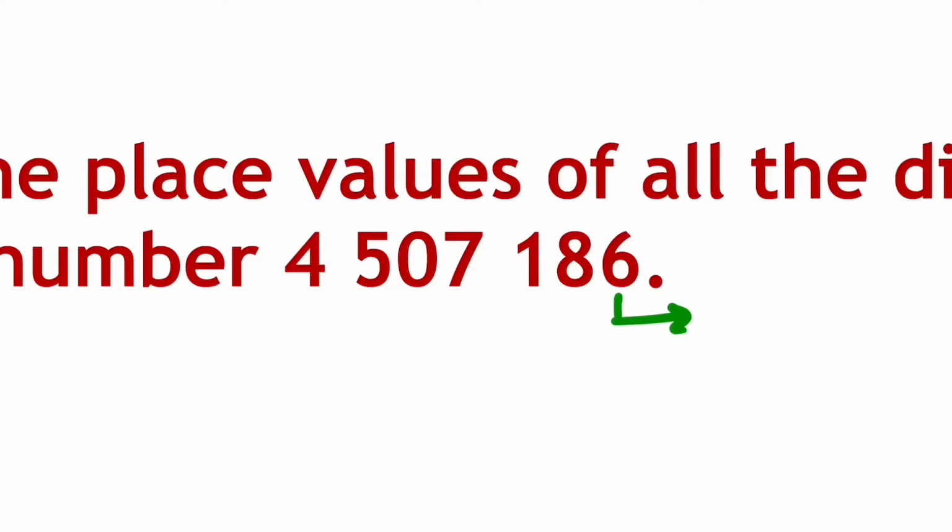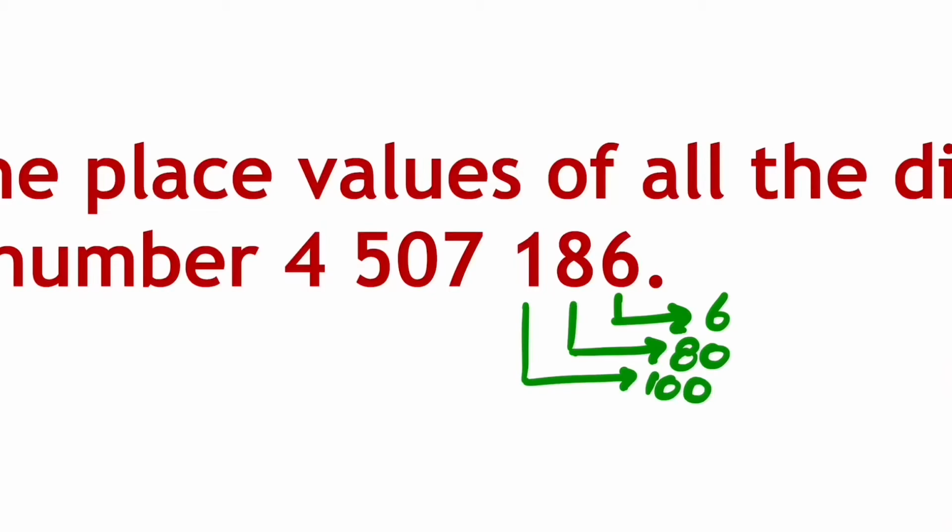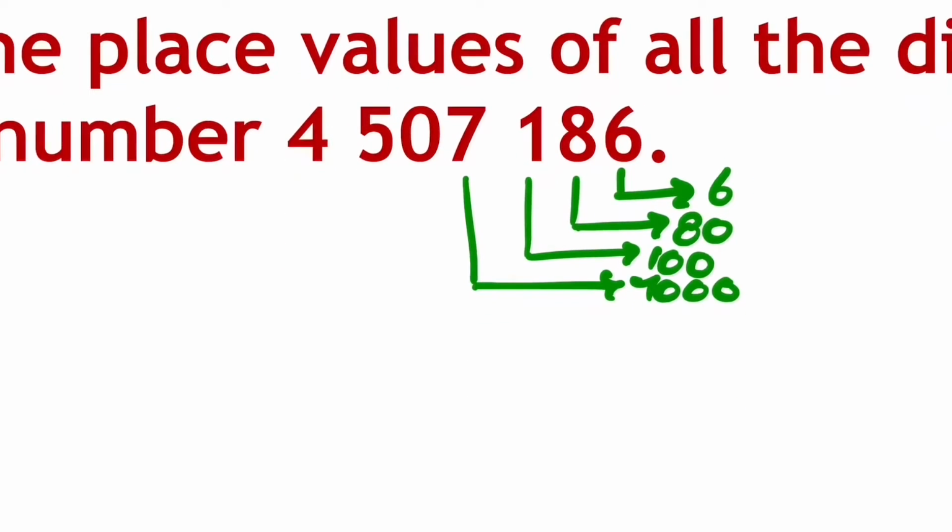Yes. So the 6 is in the unit position representing 6. 8 is in tens representing 80. 1 is in hundreds position representing 100. 7 is in thousands position, so it must be representing 7000. And this 0 is nothing. Wherever it appears, it is nothing.